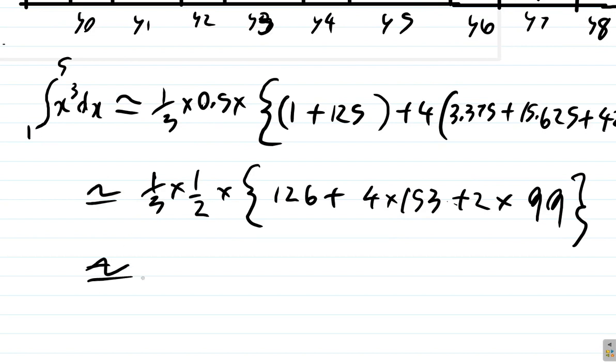So it's approximately equal to, so we continue our calculation. 1/3 by a half is 1/6 times. So 126 plus 4 is going to be 130 plus 1.